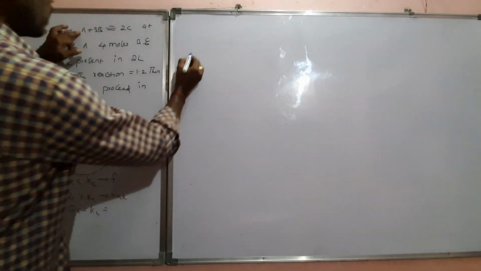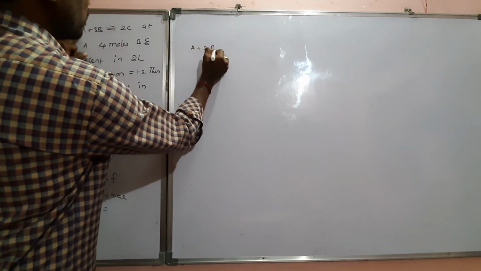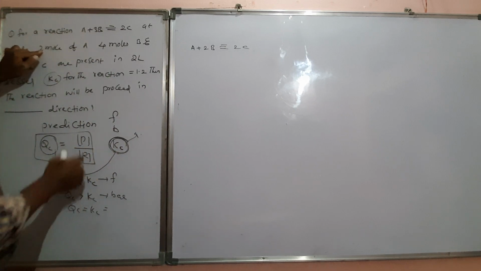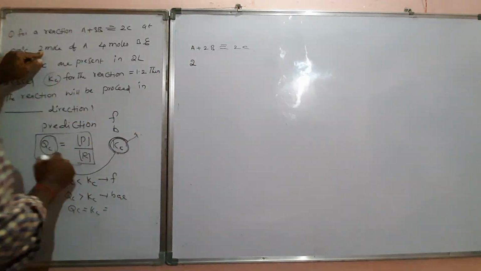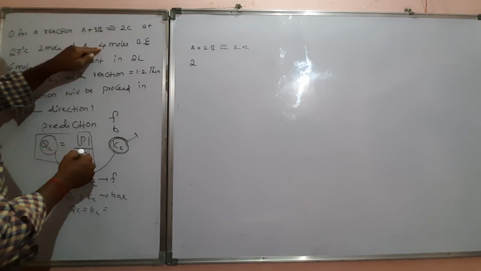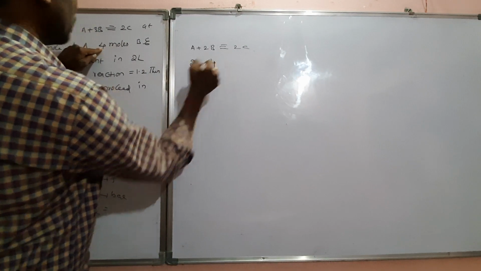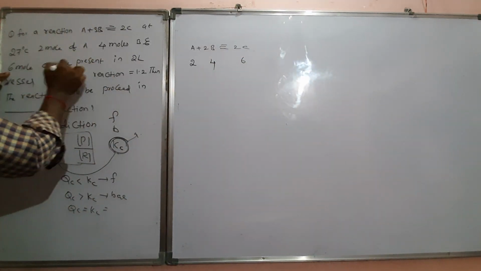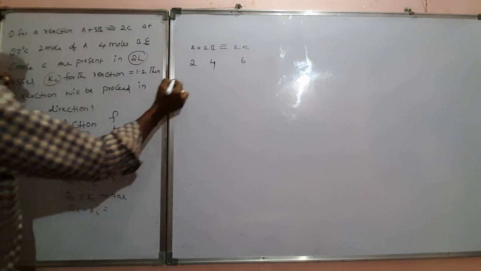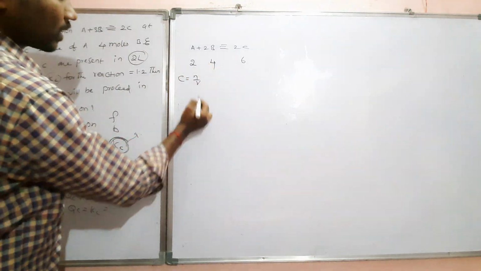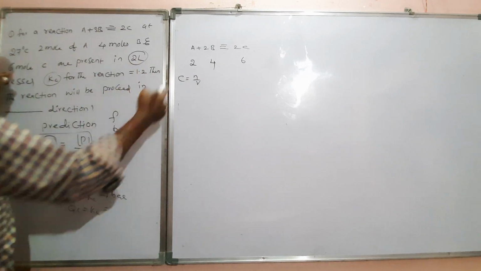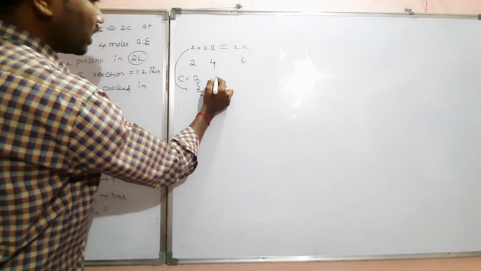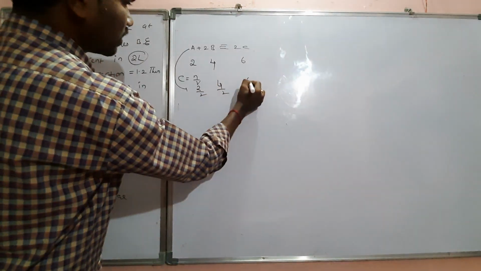So what have they given first? A plus 2B gives 2C. The number of moles they have given clearly: 2 moles of A, 4 moles of B, and 6 moles of C. They mentioned these are all taken in a 2 liter vessel. Concentration is nothing but n by V, where n is moles and V is volume. So A concentration is 2 by 2, B concentration is 4 by 2, and C concentration is 6 by 2.